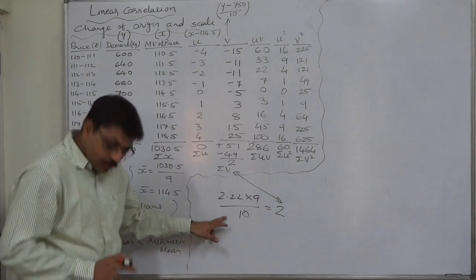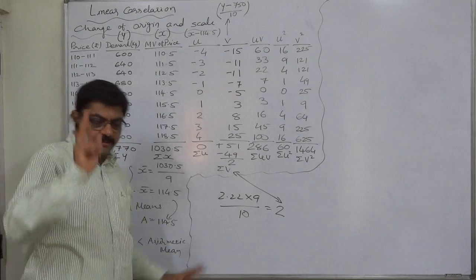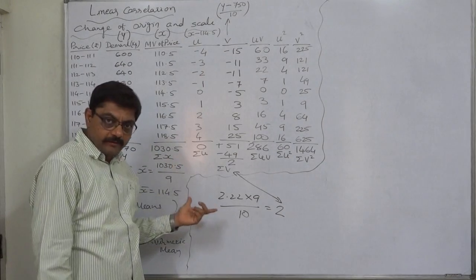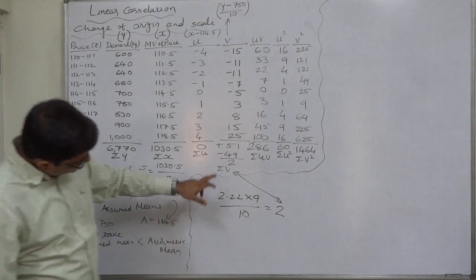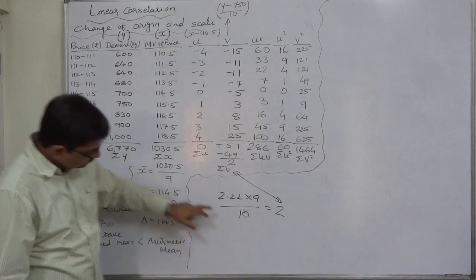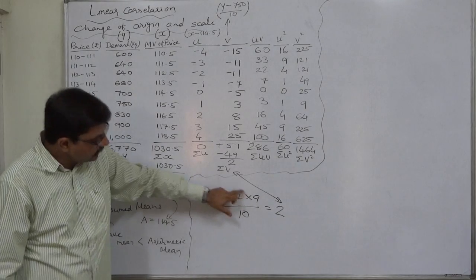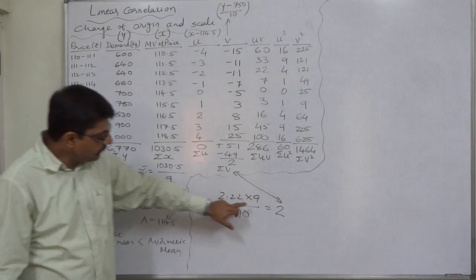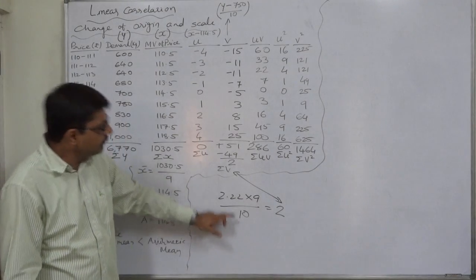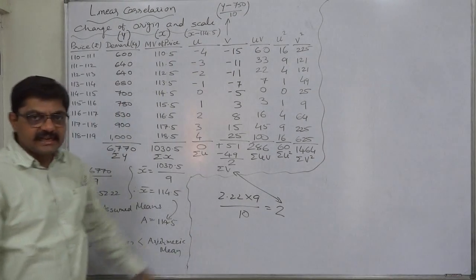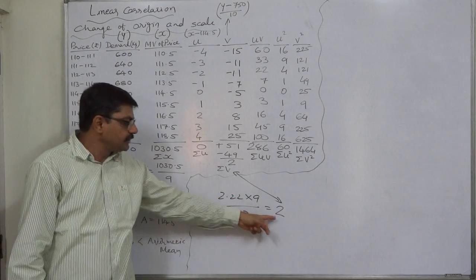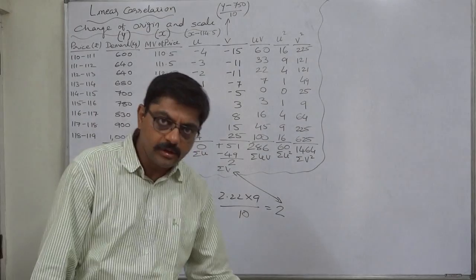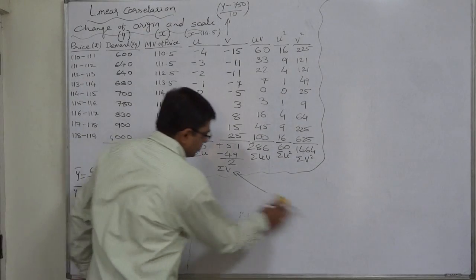By this technique, you can check your summations of the two new variables u and v. I advise you to check your summations by this formula: the difference between arithmetic mean and assumed mean, multiplied by n, divided by the value of change of scale. That will always give you the approximate value of the summation of the new variable.